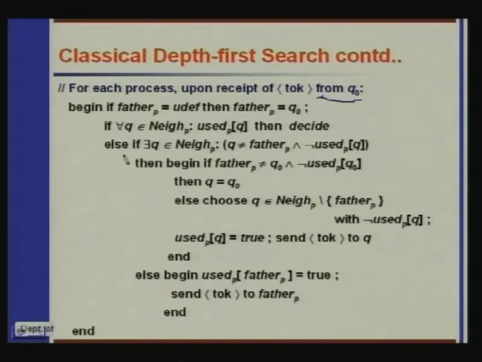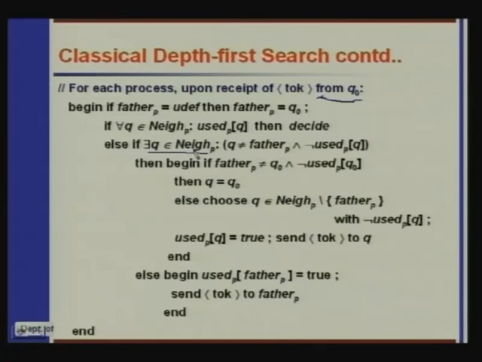Otherwise, if there is a process Q who is a neighbor of the process P such that Q is not the father of P and Q is not yet used, which means we have not yet visited Q, then we do the following. What does this line check? It checks whether there is any other neighbor other than the father to which we have not yet sent the token, right.